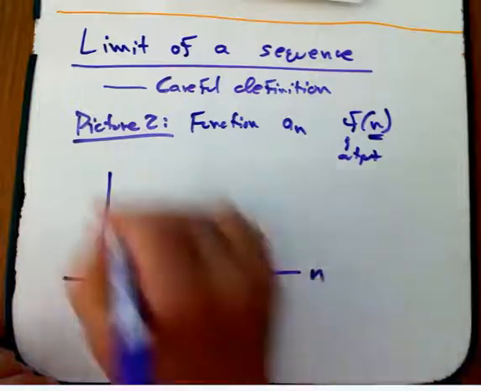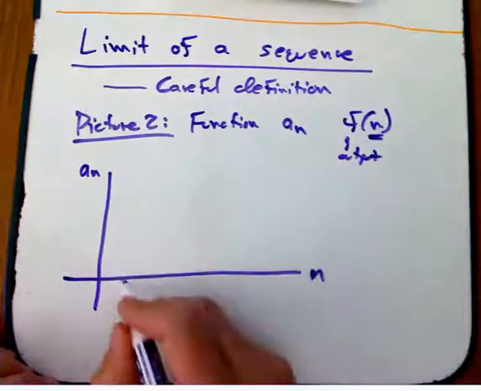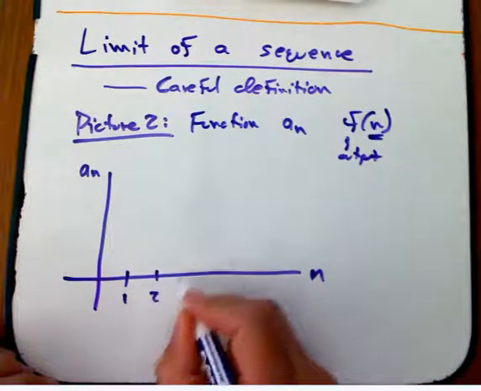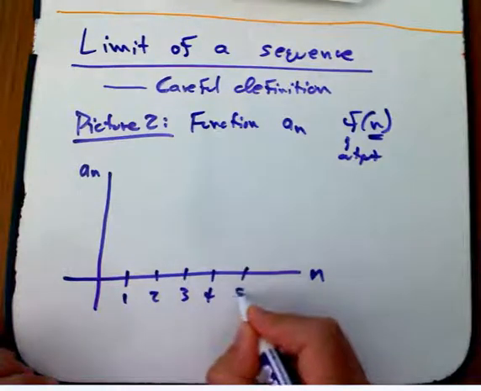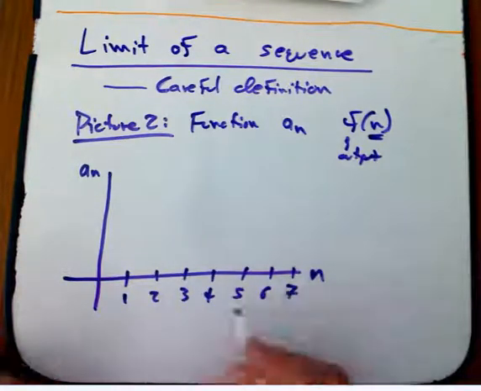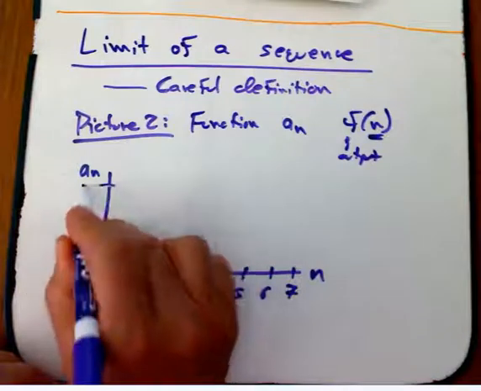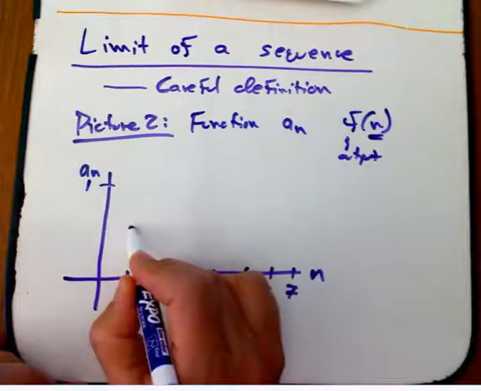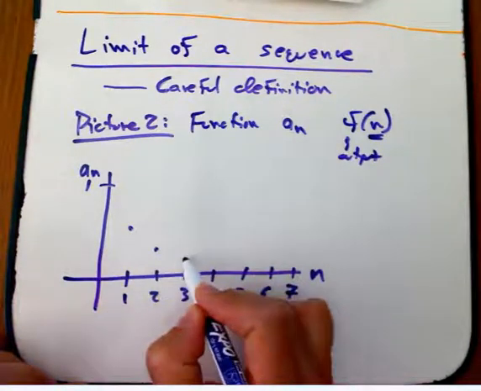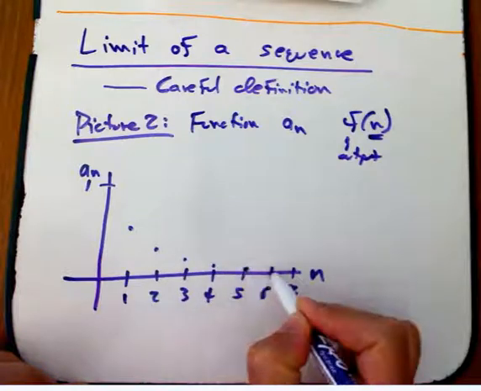So here's the n axis, and here's the a sub n or s sub n axis: 1, 2, 3, 4, 5, 6, 7. For a sub n, say this is 1, then the first value is 1/2, then 1/4, then 1/8, then 1/16, then 1/32.